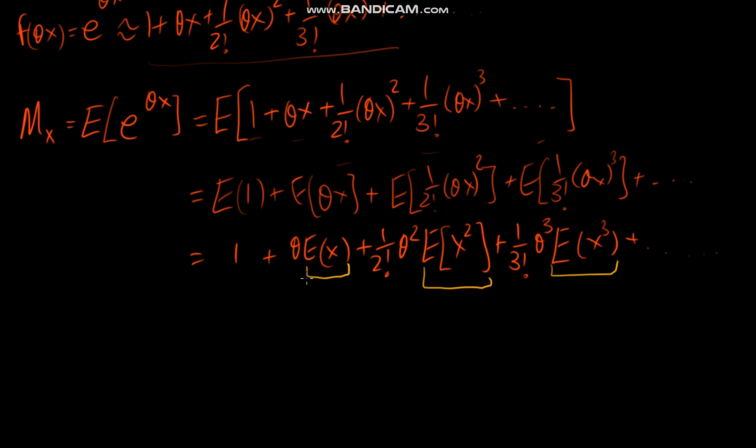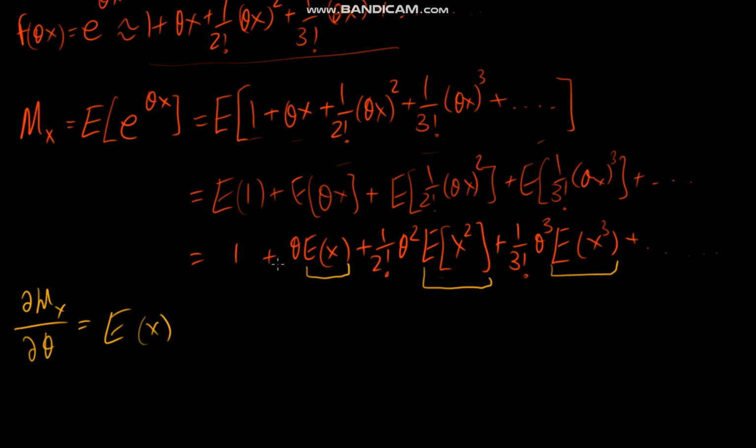To get to them, all we need to do is take the derivative of this moment generating function with respect to theta. If we take the first derivative, the 1 will go away because it's a constant. Here we have theta, so deriving it with respect to theta, we'll be left with the expectation of x.